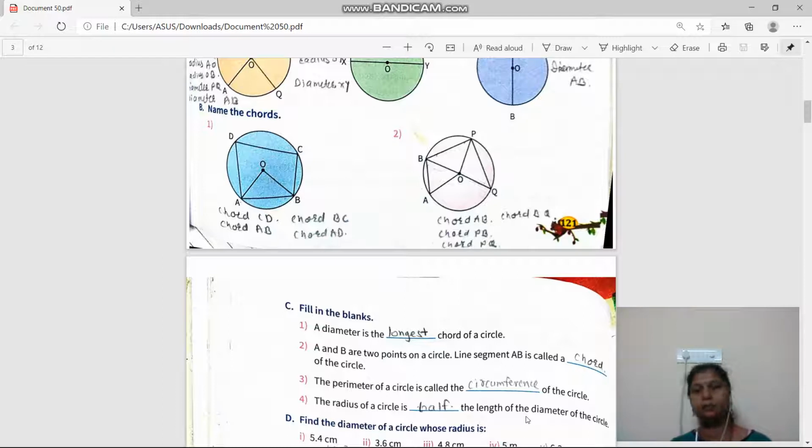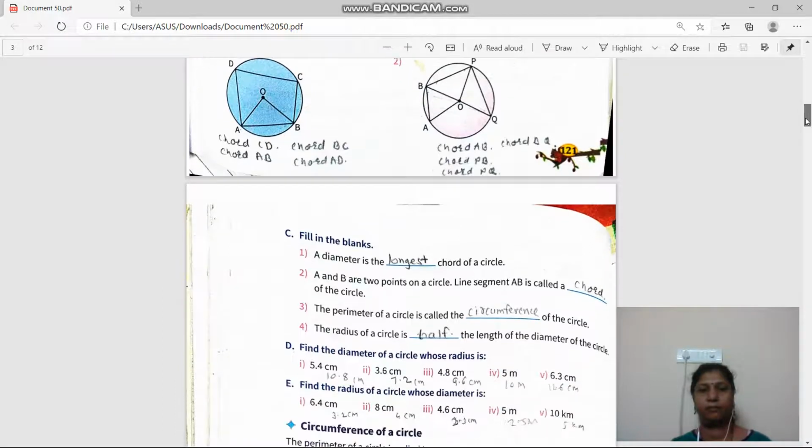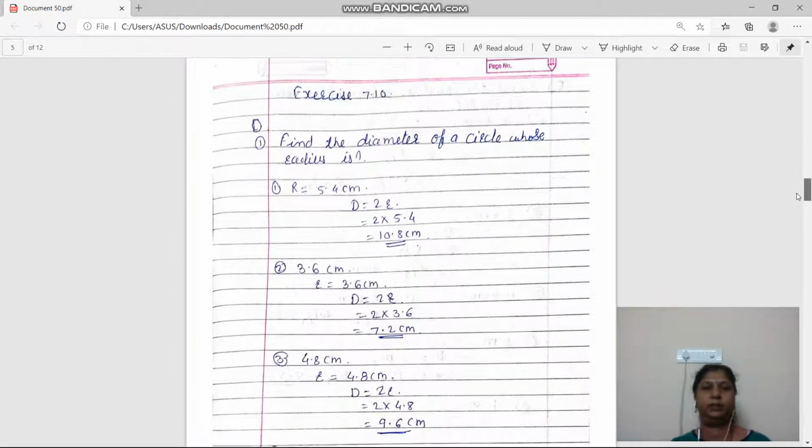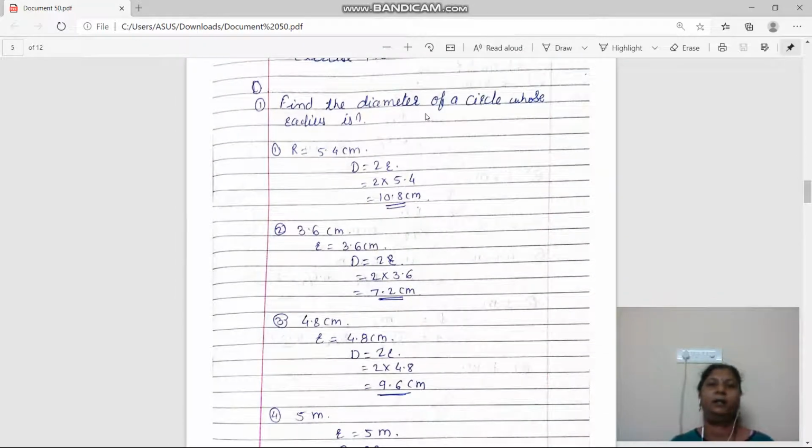Fine. Now we will solve exercise question D in the copy. See here: find the diameter of a circle whose radius is given.